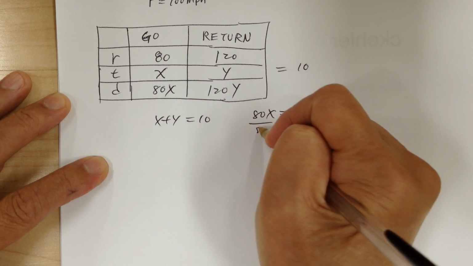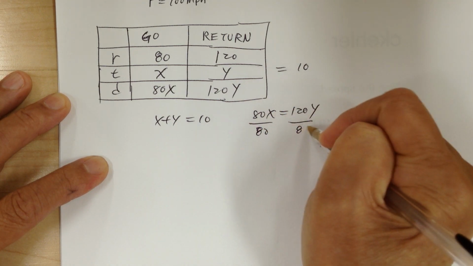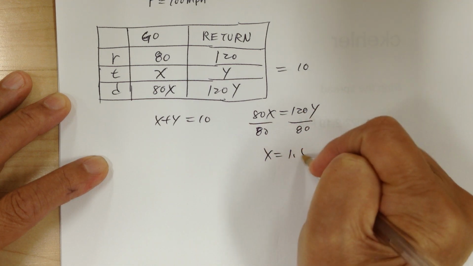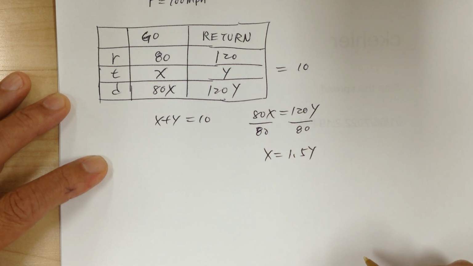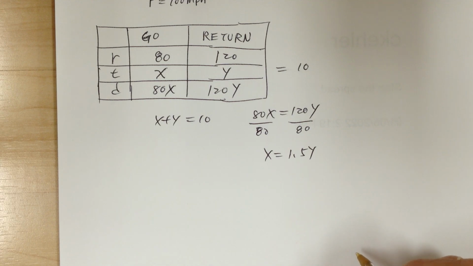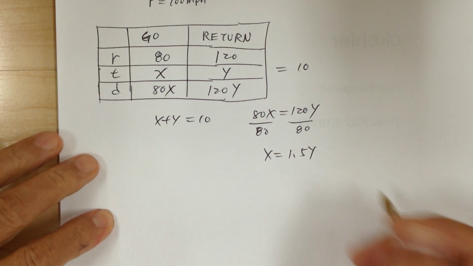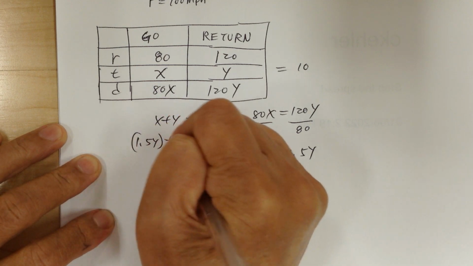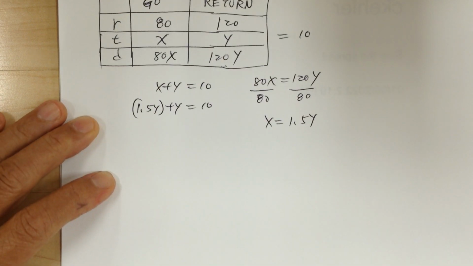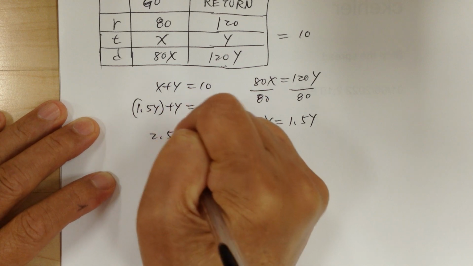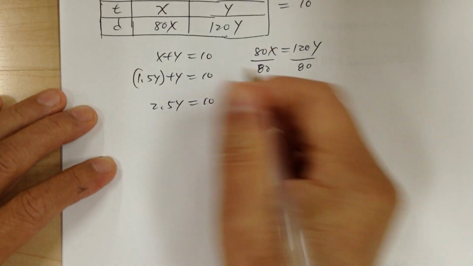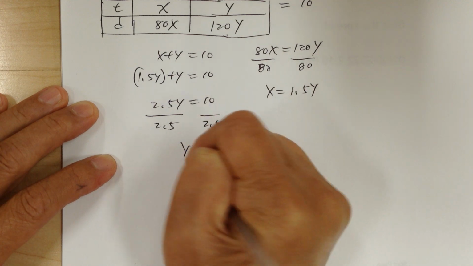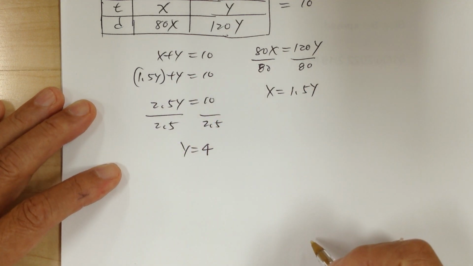Divide by 80 on both sides, so you got x equal to 1.5y. Let's substitute into here: 1.5y plus y equals 10. When you add, you get 2.5y equals 10. Divide by 2.5, so y equals 4.